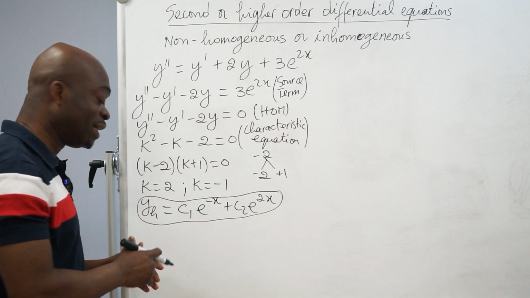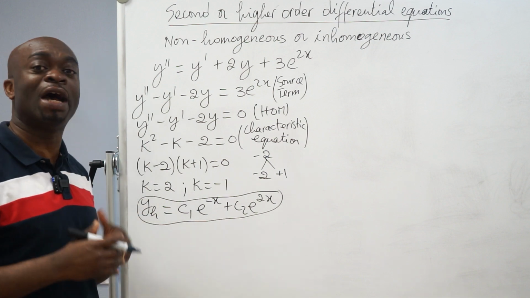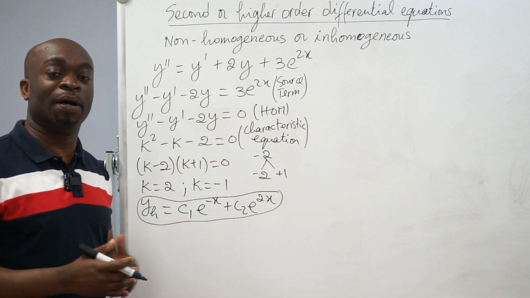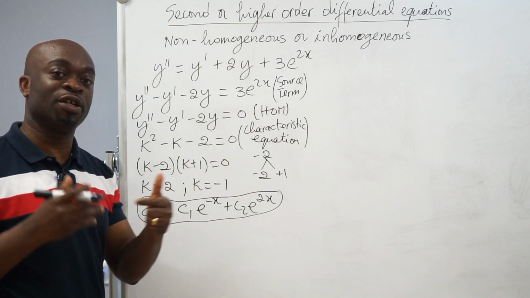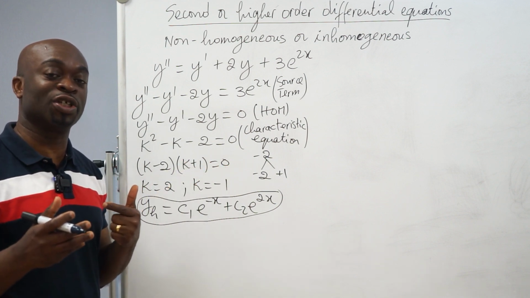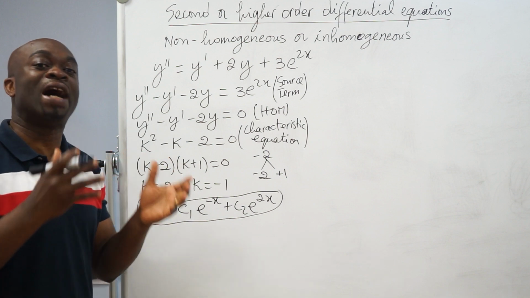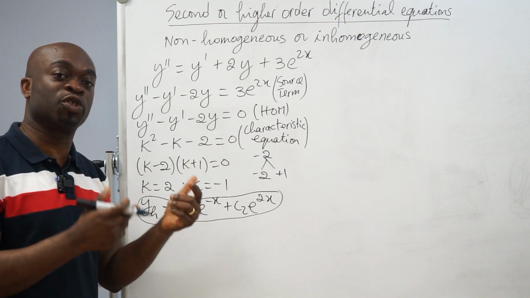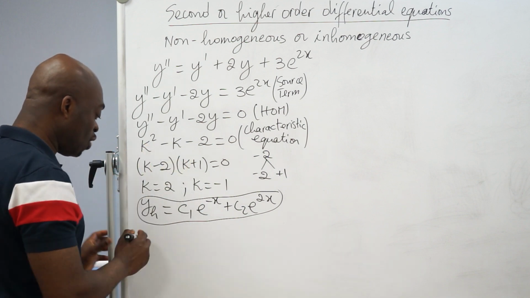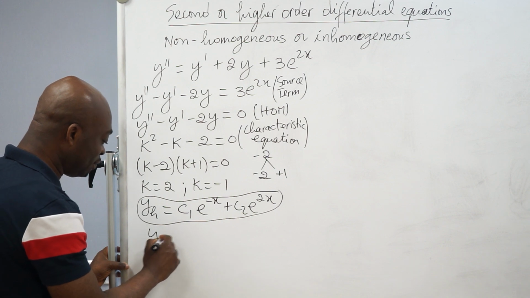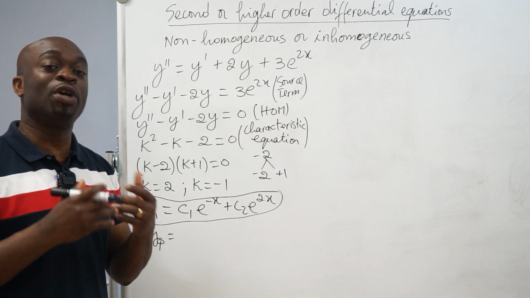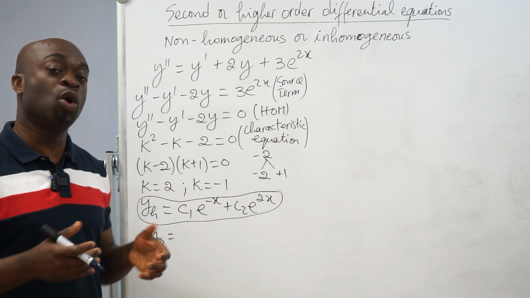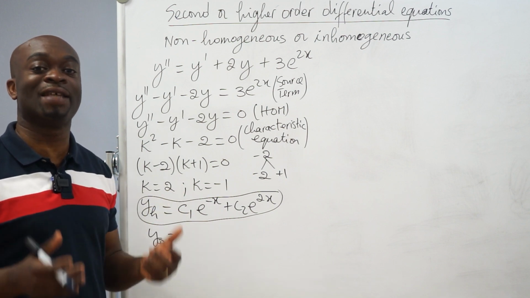And then what's going to happen? Once we get this, now we have to find our particular solution. So we need our homogeneous solution, and we need our particular solution in order to find our final solution. The addition of those two will give you our final solution. So how do we get to the particular solution? To get to the particular solution, we have to make an approach, or sometimes we also call it an ansatz, okay?